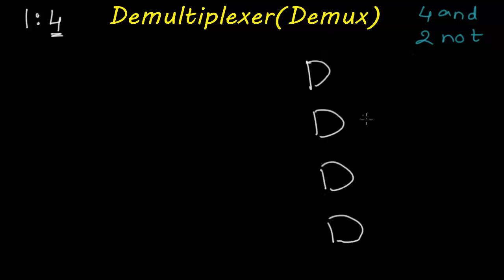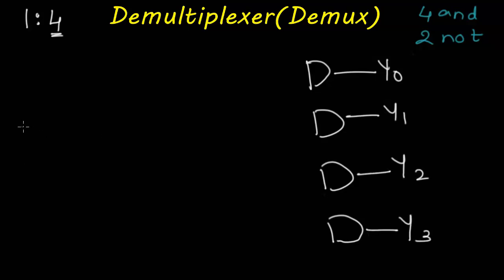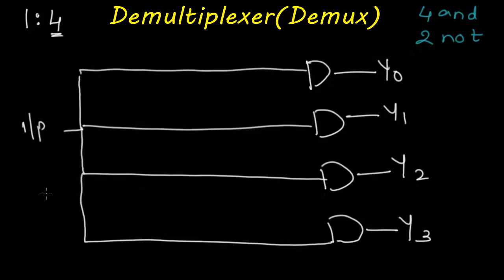The outputs for each of these AND gates are Y0, Y1, Y2 and Y3. Here we're going to have my input, which is connected to all the AND gates. And now we have 2 select lines. We have S0. So S0 is connected as a NOT for Y0.